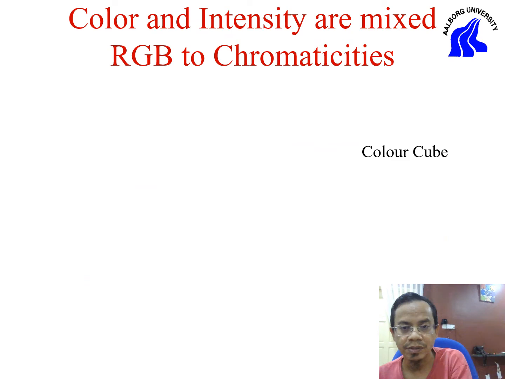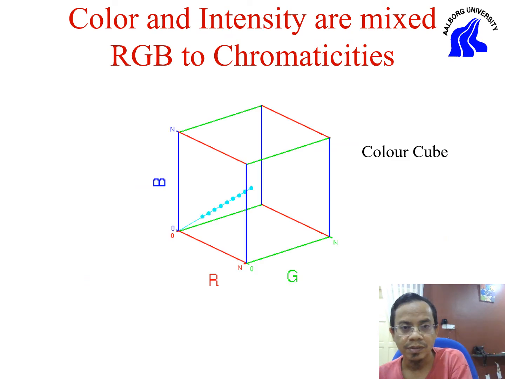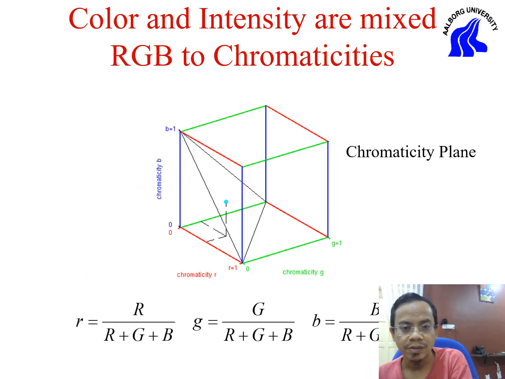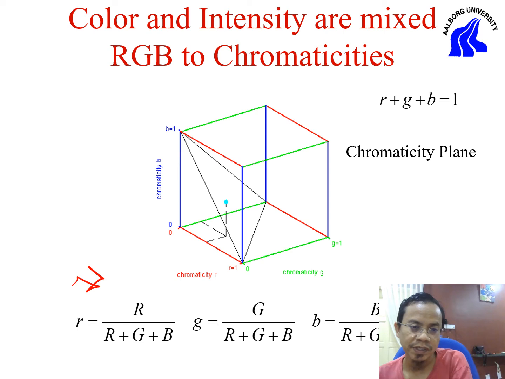Okay, so we can use this formula to overcome the problem of intensity discussed in the previous slide. Instead of using the direct red, green, and blue components, we can change to this.